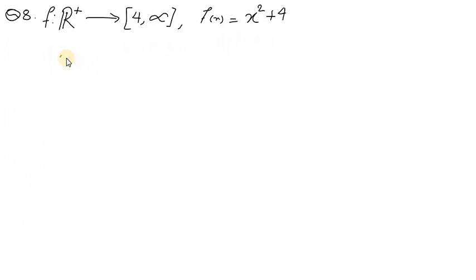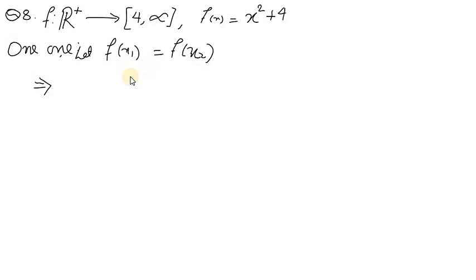So to show this is invertible, we have to first show that it is 1-1. For 1-1, we start with f(x1) equal to f(x2). Now what will be f(x1)?